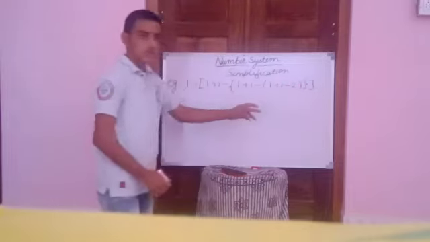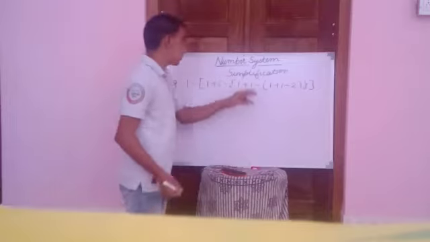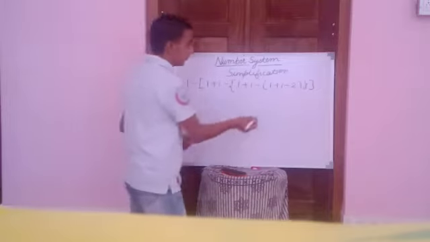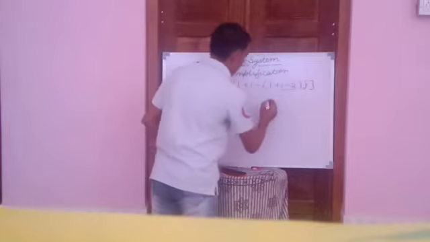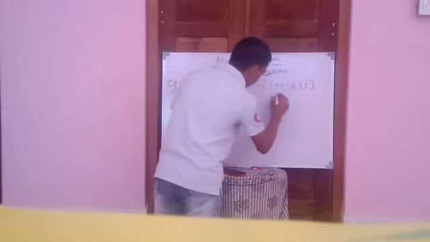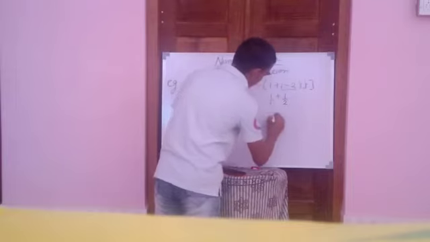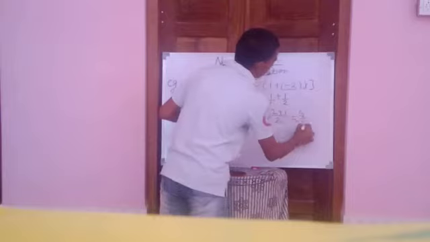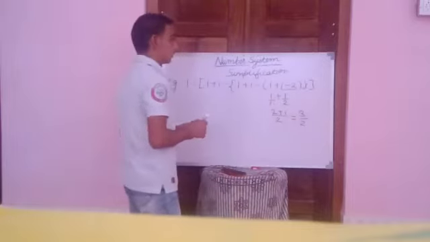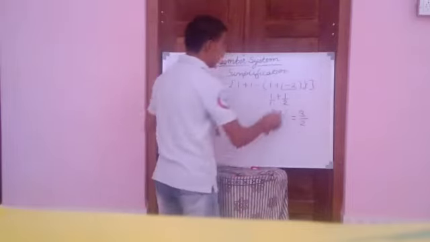Suppose this is the equation and we must simplify it by using the VBODMAS rule. First of all, here we will solve this first, not this. First this. Let's solve it. The answer would be 3 by 2. Okay? Then 3 by 2 is the answer.